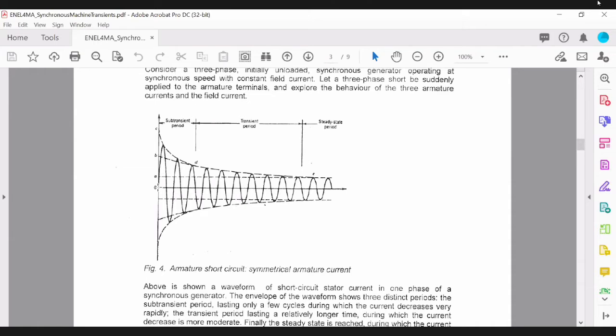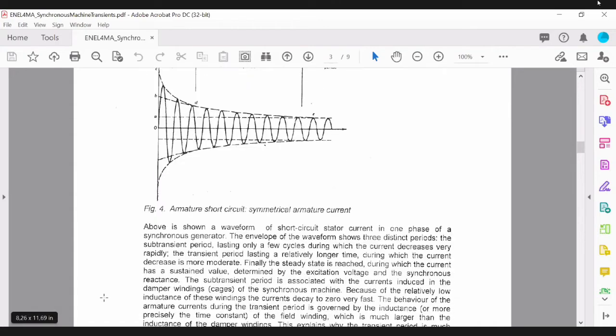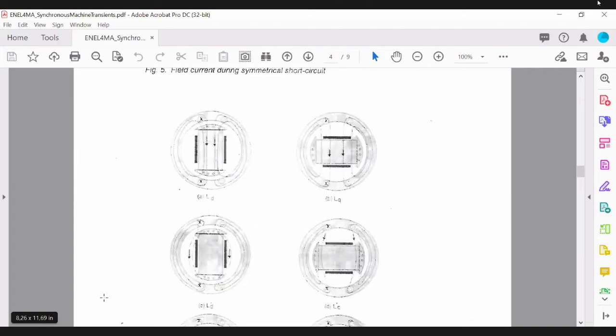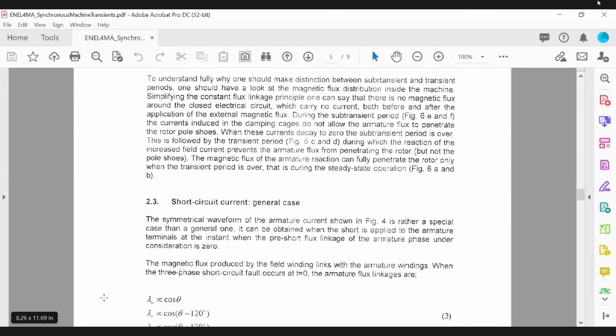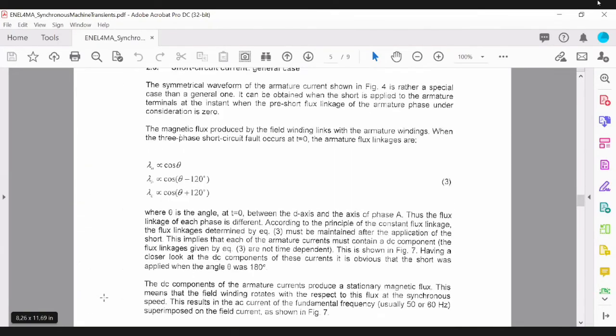As you can see, the fault is applied exactly at the point where the armature current was at 0. The amplitude was 0. If you look at a practical case, you'll find that the fault can apply at a different time.